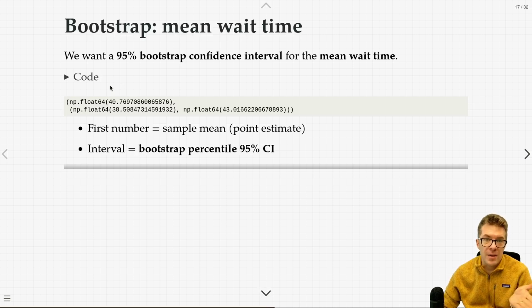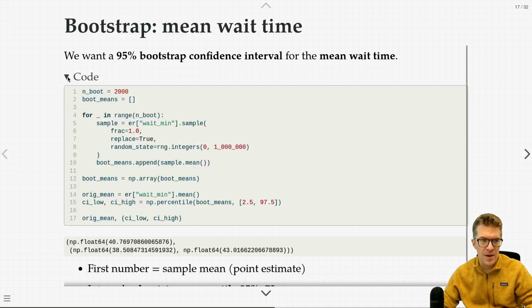So let's compute the mean wait time and some other statistics using bootstrapping. So here the number of bootstrapping iterations is going to be 2,000. This is the big B from a few slides ago. And then for, I don't care about the variable. I'm just iterating over each of these bootstrapping iterations here.